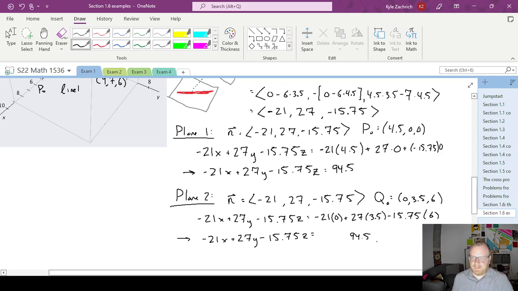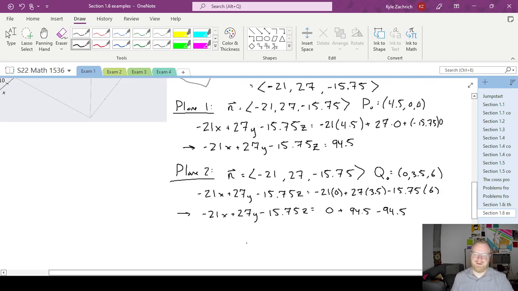Yeah, okay. Makes sense. So 0 plus 94.5 minus 15.75 times 6, which is 94.5. Oh, they were very generous and gave us something that equals 0 here. Okay, great.